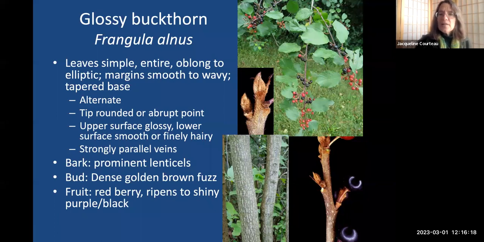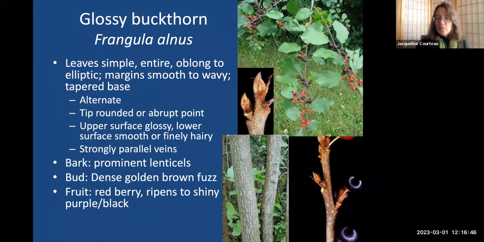The margins are smooth, but they can be wavy, and they're tapered at the base and very clearly alternate. The tip can be rounded or it can be an abrupt point, but 2 really distinctive leaf characters are the strongly parallel veins and a very glossy upper surface, although the lower surface can be smooth or even somewhat hairy.